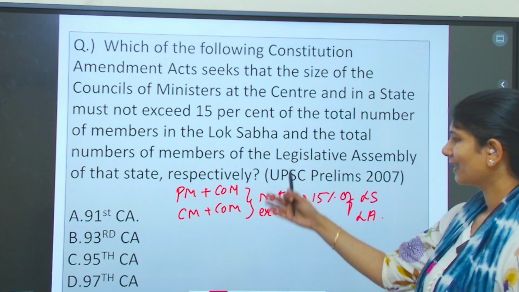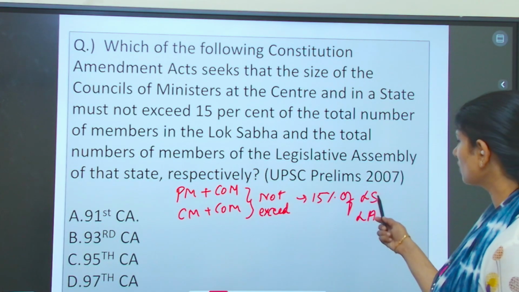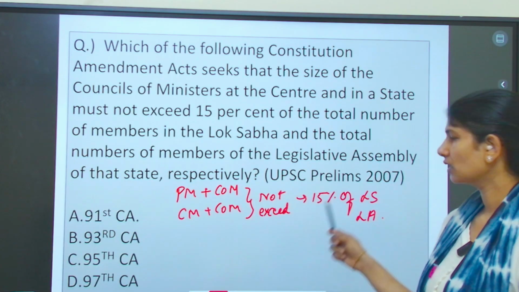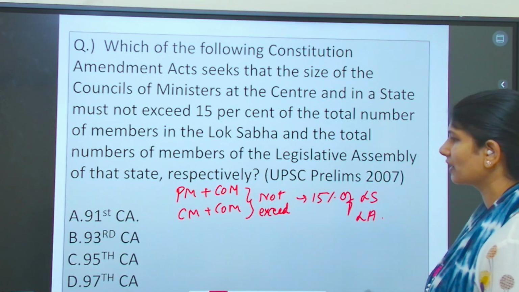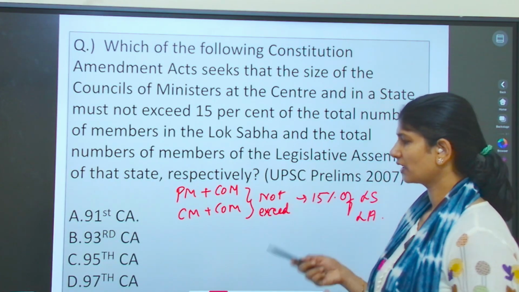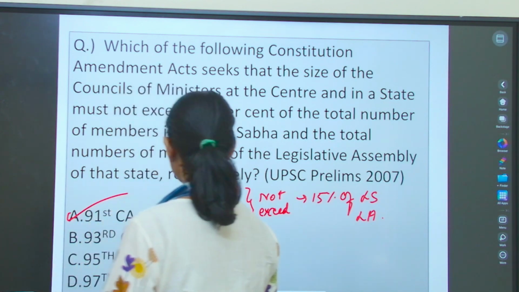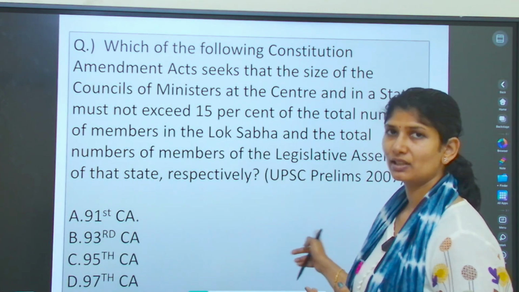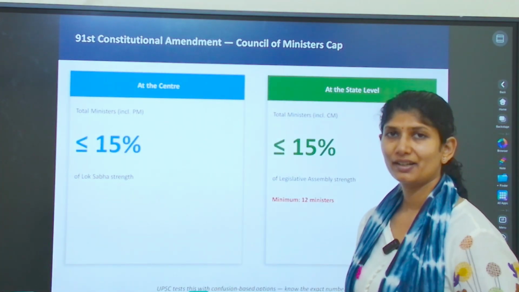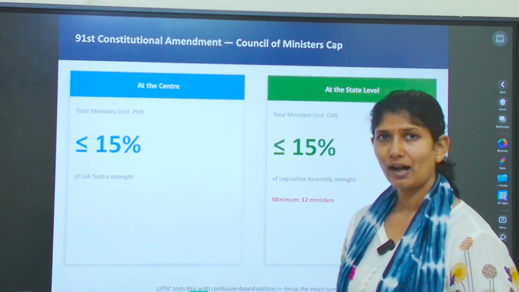This is your central executive and state executive, which should not exceed 15% of the strength of the Lok Sabha for the center and the legislative assembly for the state. Which amendment is that? Here the options are 91st, 93rd, 95th, 97th. It is the 91st Constitutional Amendment Act. Understanding? So if you see amendments, there is a possibility of repetition. That is why I am telling you, take note of these important amendments.